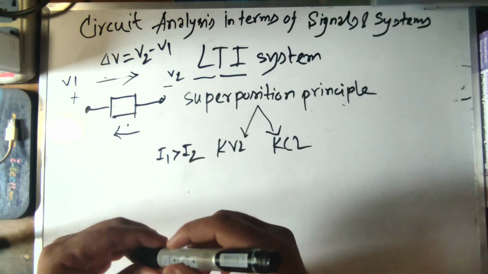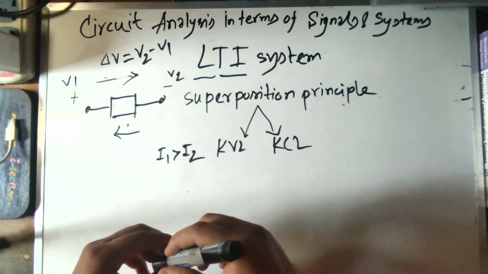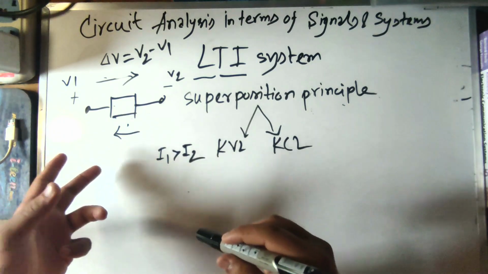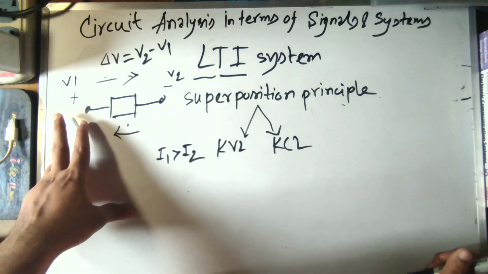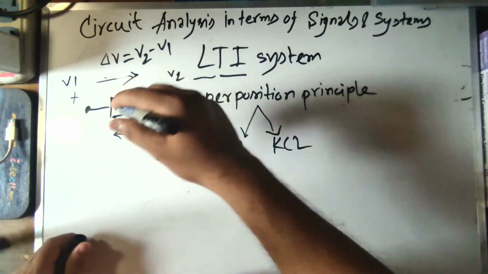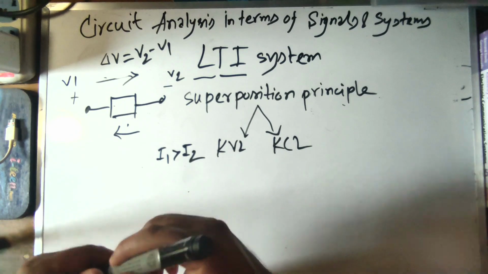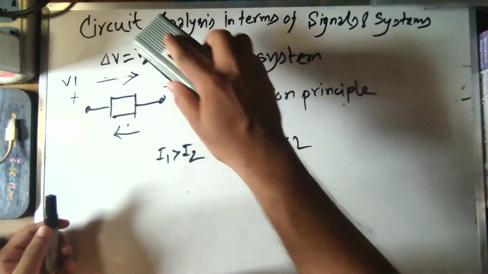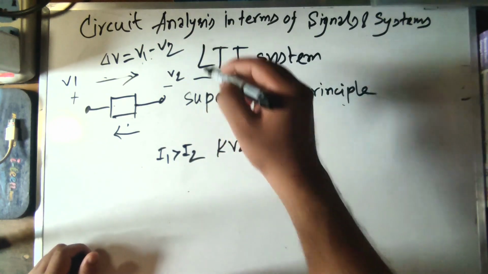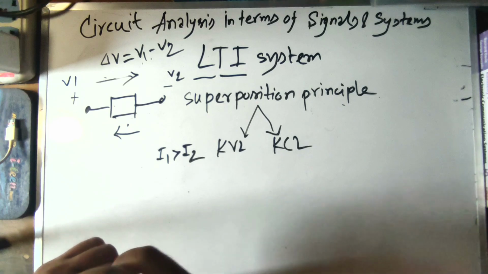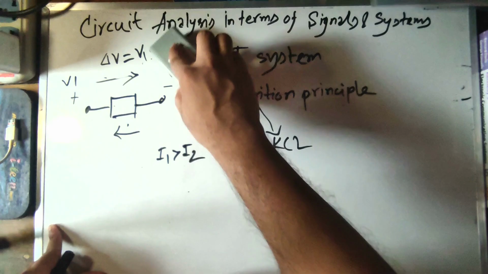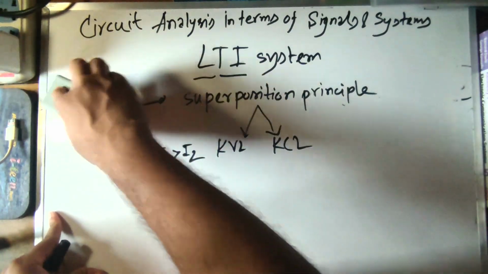By passive convention, the plus side is regarded as higher voltage, and the other as lower voltage, then this will be a negative value. Obviously we can also write V1 minus V2. This is also the superposition principle.